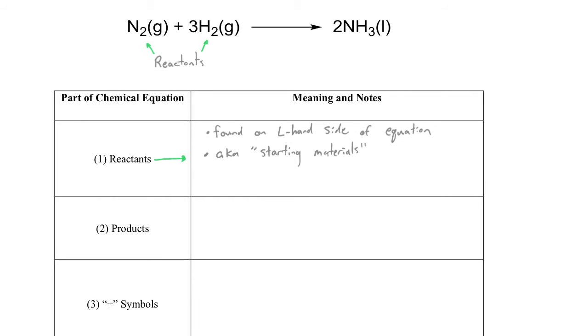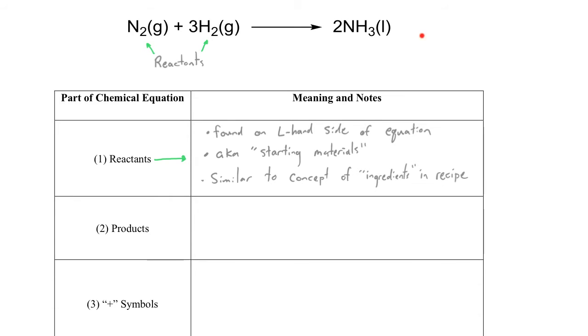So I'm going to write down here in this table, reactants are found on the left-hand side of an equation. And you can think of reactants as being a lot like the ingredients in a recipe. So this is also called our starting materials. And again, these are similar to the ingredients in a recipe.